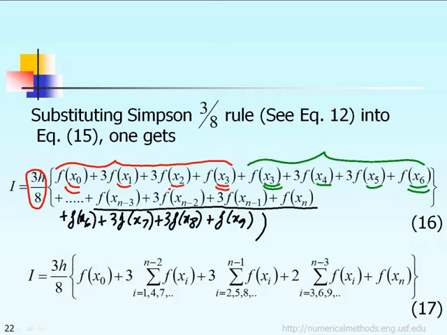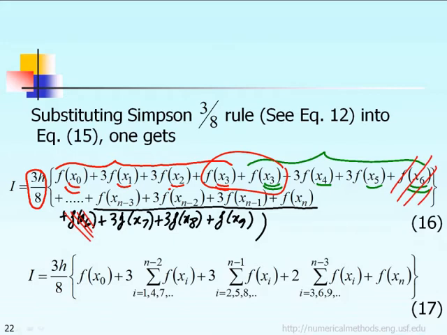Notice one thing: this f(x3) is repeated twice, and f evaluated at x6 is also evaluated twice.